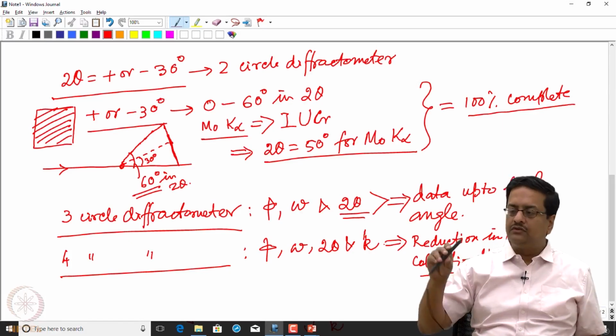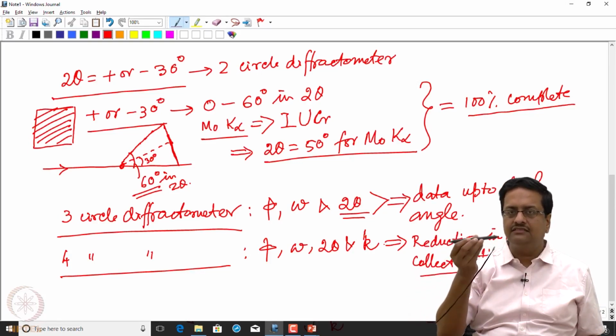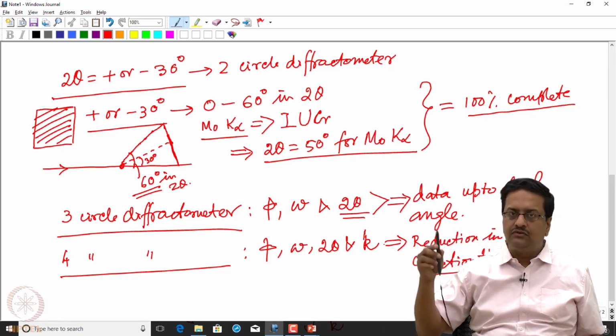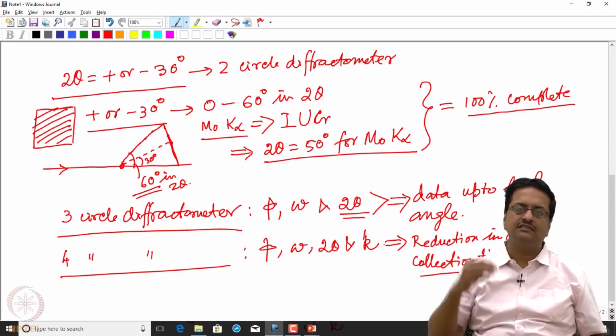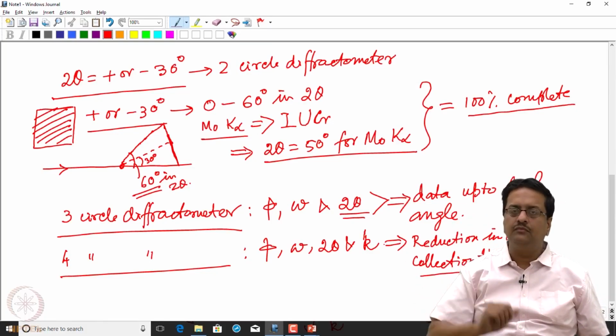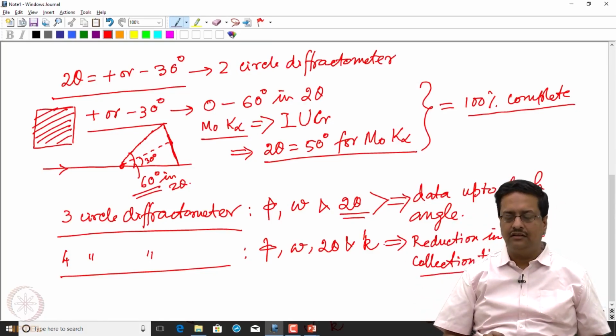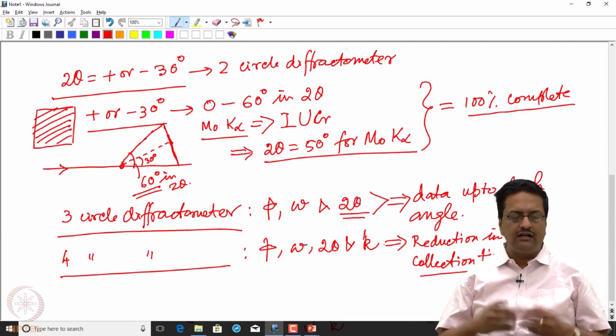Because when you are able to rotate the crystal about this horizontal axis as well, all the reflections which are falling at various places in the reciprocal sphere much above the detector can now be made to fall on the detector by rotating the kappa from 0 to plus 90 and minus 90 and recording the data.